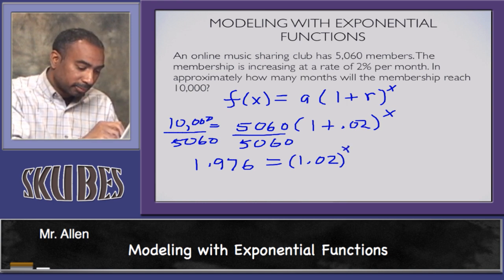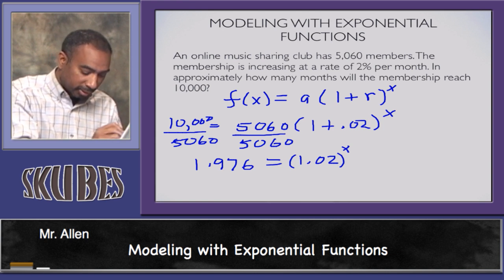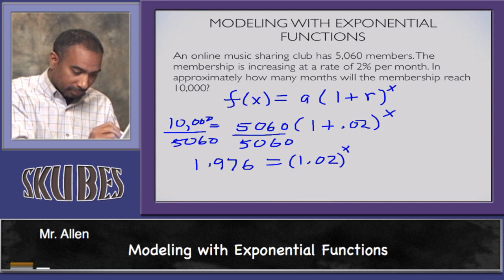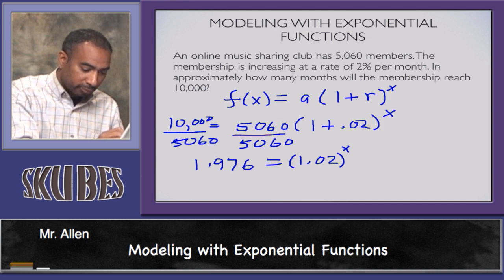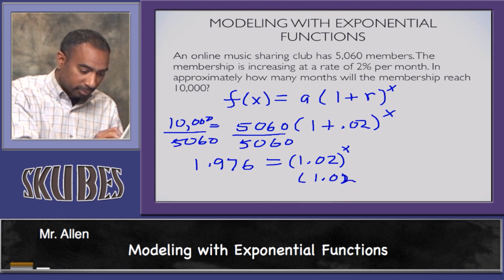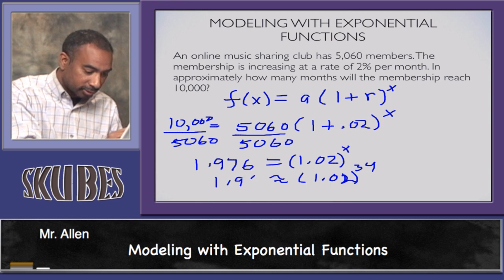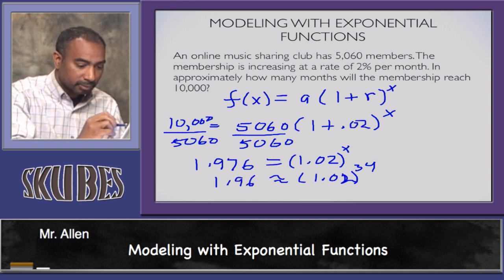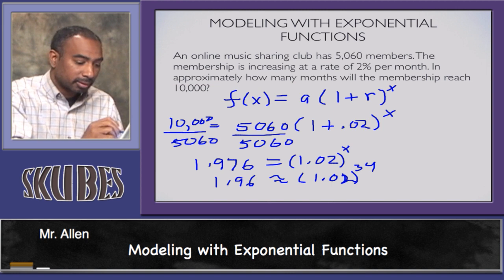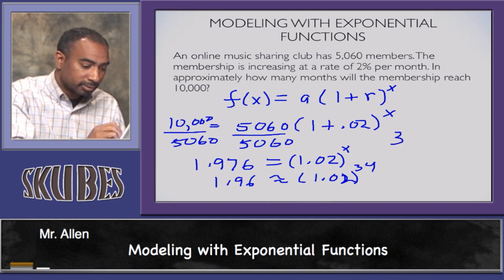Multiplying 1.02 that many times will give you 1.976. And that number should be 34, if you have your calculator. So we're going to say about 34 months.